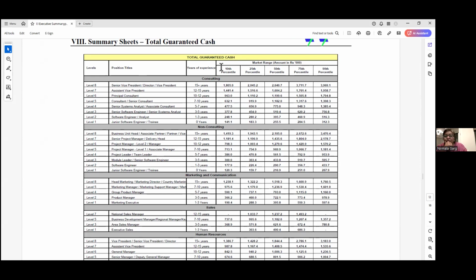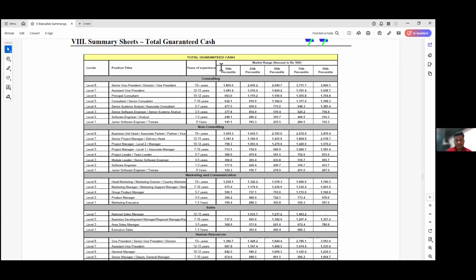Okay. So what will I do? I'll say, hey, total guaranteed cash. I have to check with the report what are those components which have been taken into account under total guaranteed cash.